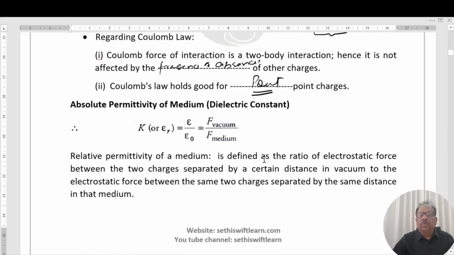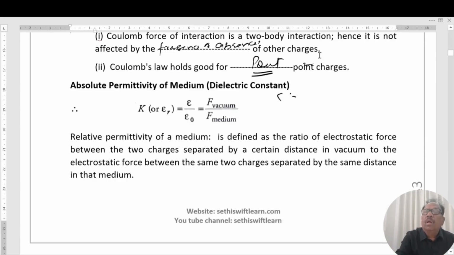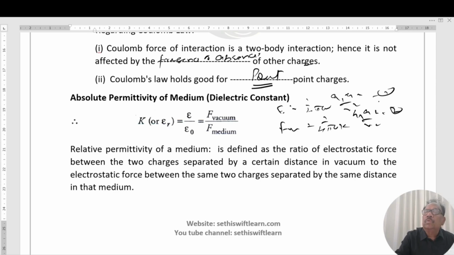Regarding relative permittivity of a medium: it is defined as the ratio of the electric force between two charges in air, F air equals 1 over 4 pi epsilon naught Q1 Q2 upon R square, this is equation 1, and F medium equals 1 over 4 pi epsilon naught into K, Q1 Q2 upon R square, this is equation 2.